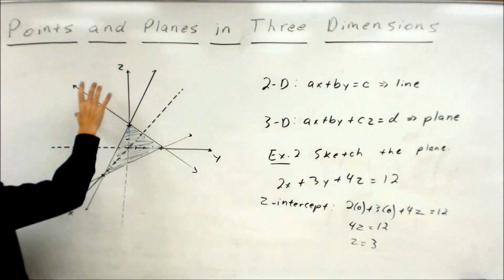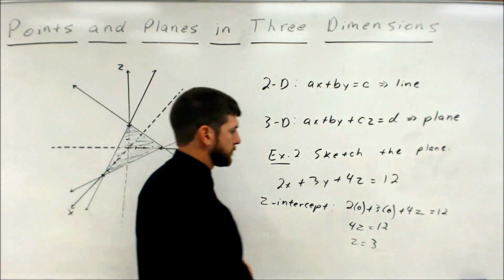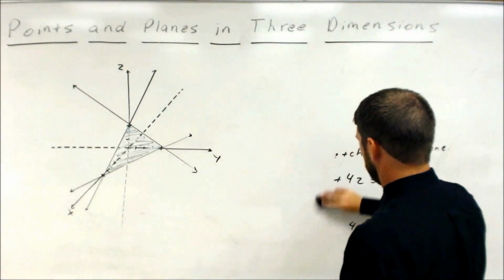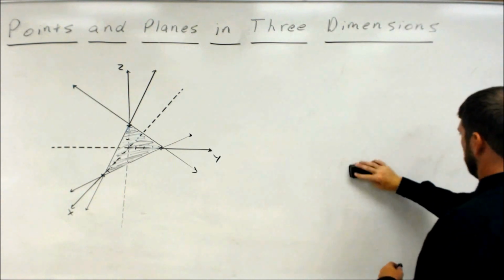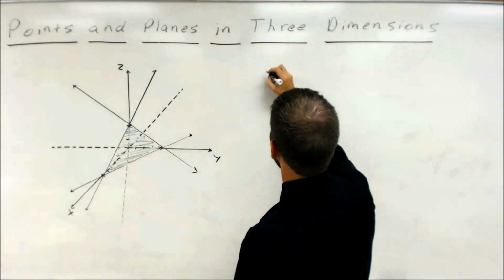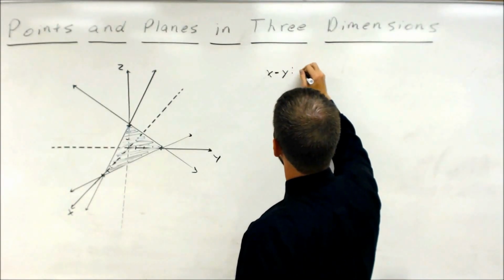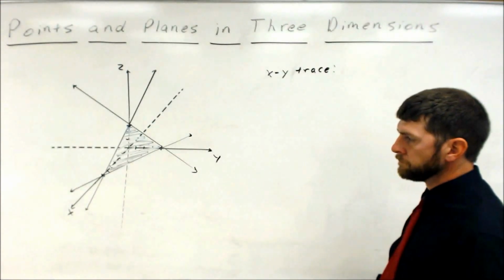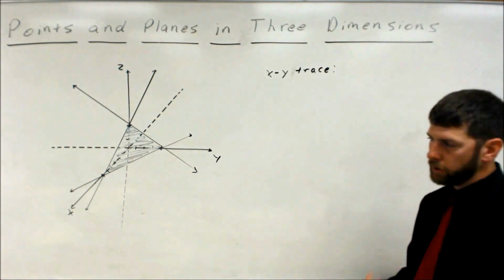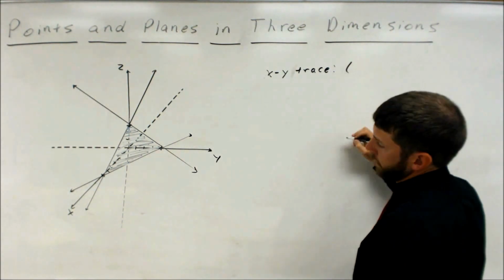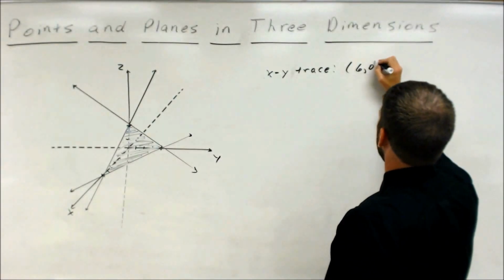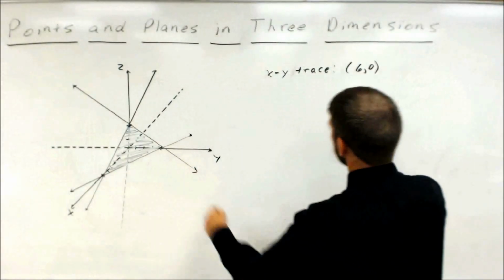Now I do want you to identify what these traces are, the actual equations of the trace. So for the xy trace, it's just an equation of a line. We've got 2 points there. So we had our x-intercept, which was (6, 0). Y-intercept, which was (0, 4).